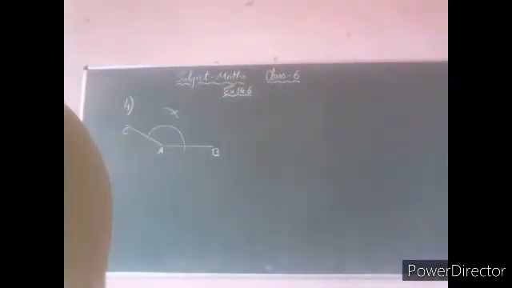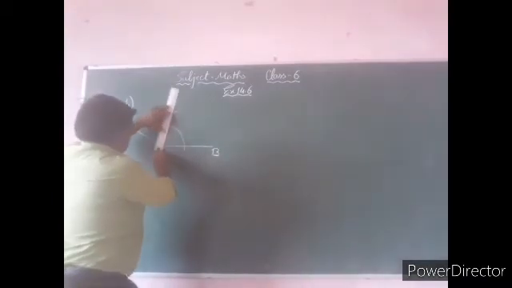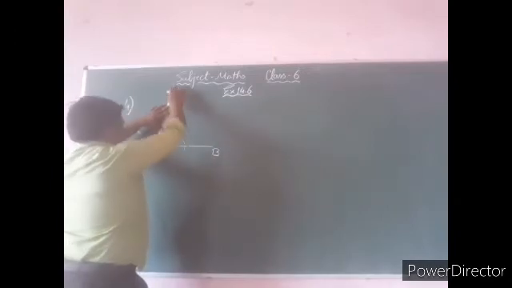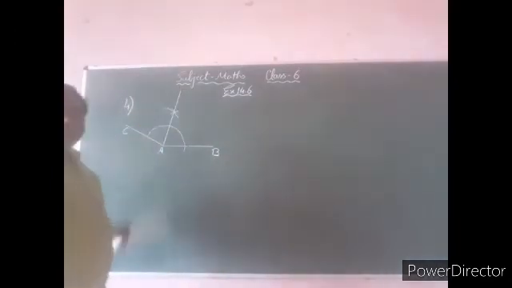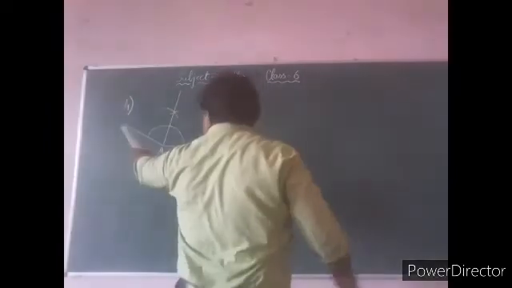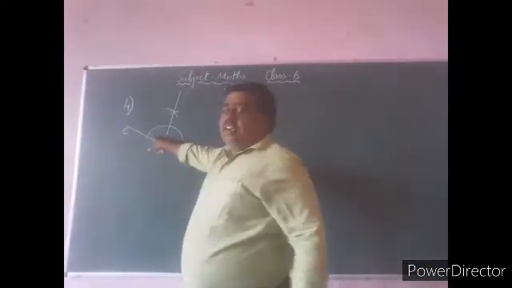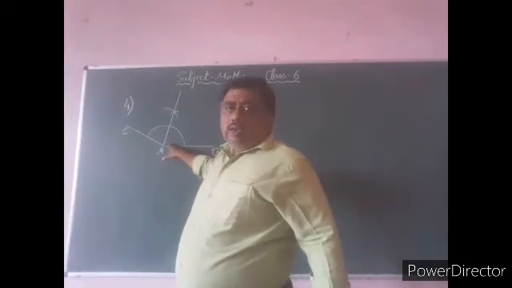Now, join this. This is the bisector of CAB. CAB is divided into two equal angles.